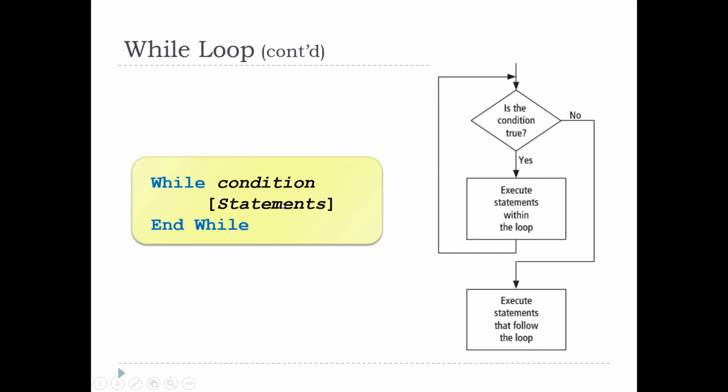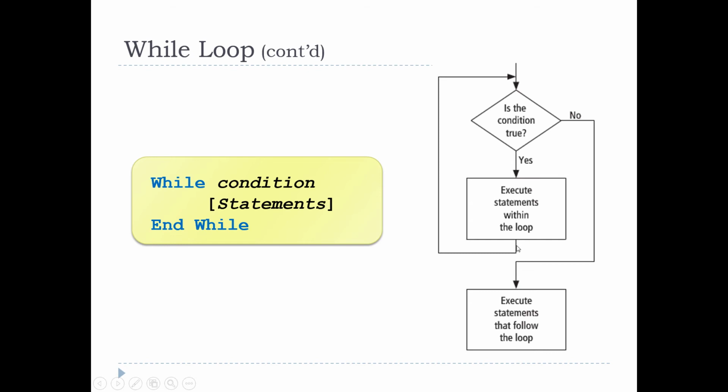So we always test the condition first before we run the statements. If you look at this diagram here, you look for a certain condition, you test the condition while this condition is true. Is this true? If it is true, if it's yes, then we will go into the code, go into the body of the loop, like these statements here, and execute these statements within the loop.